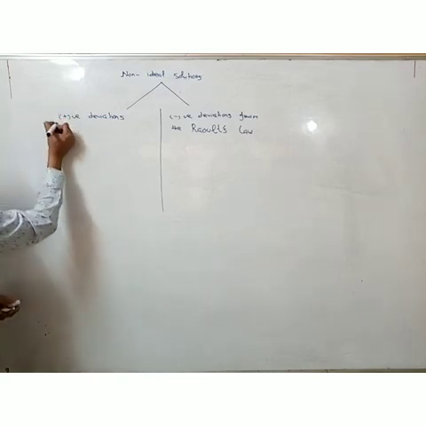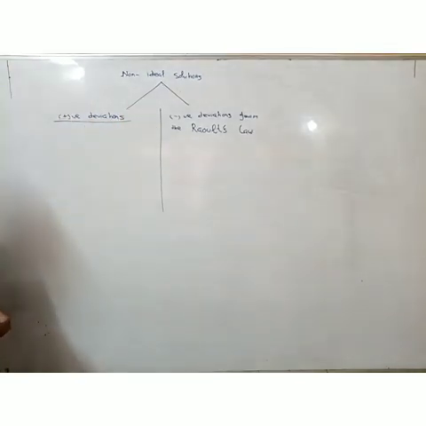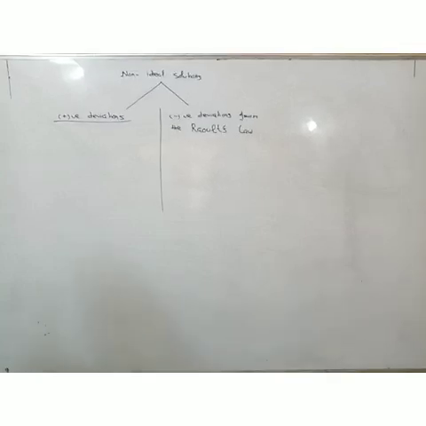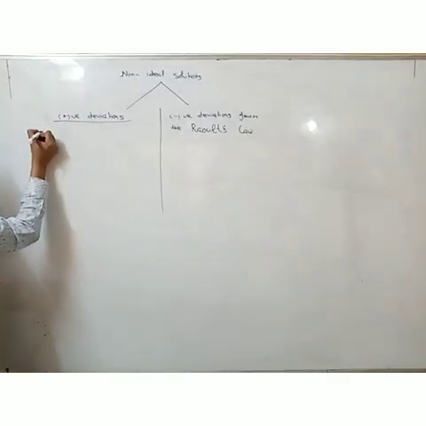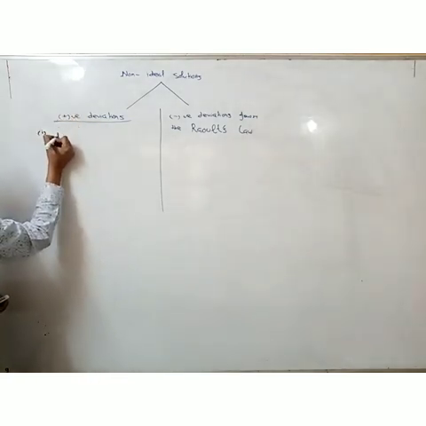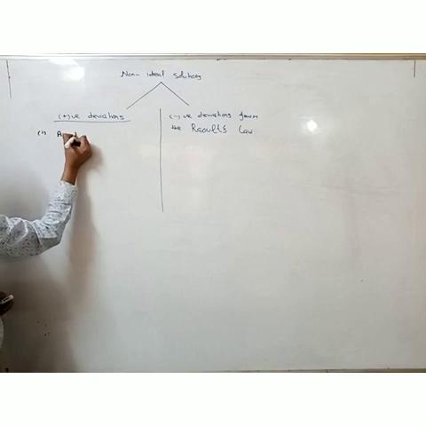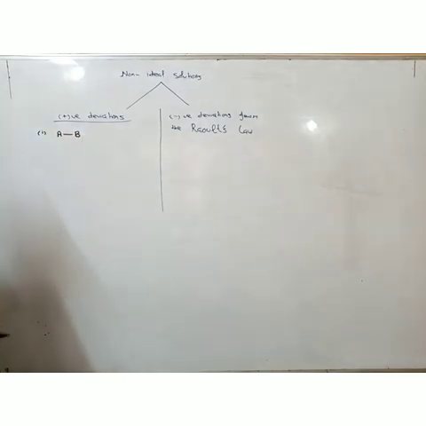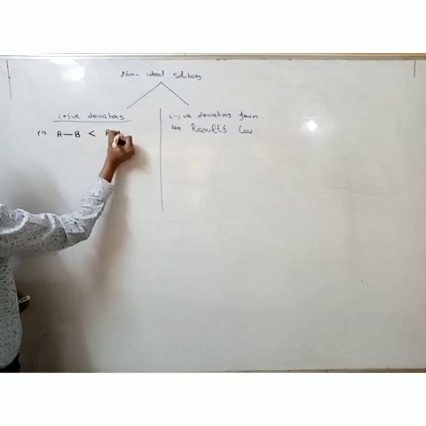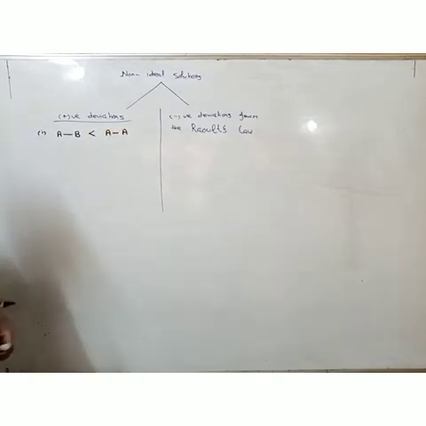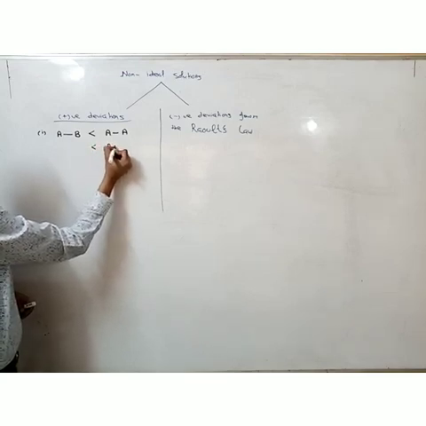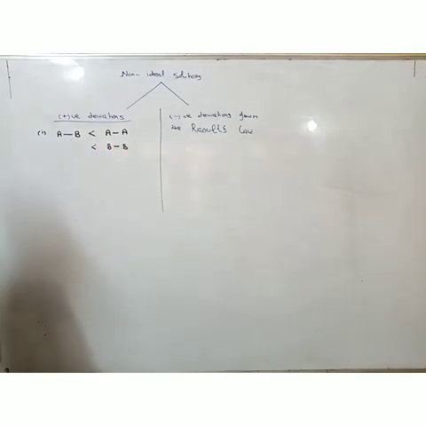First, we'll take up those solutions which show positive deviations from Raoult's law. These are the solutions in which solvent-solute interactions are less than solvent-solvent interactions and also less than solute-solute interactions.